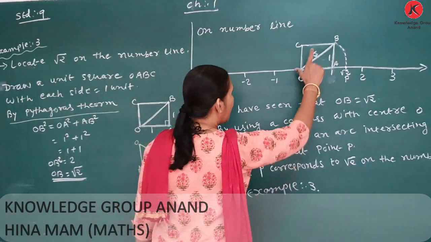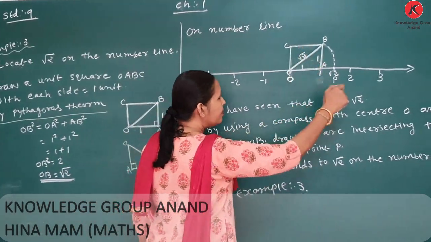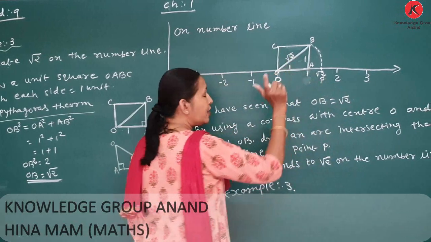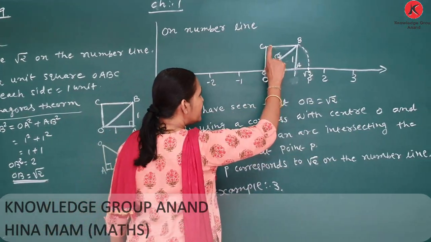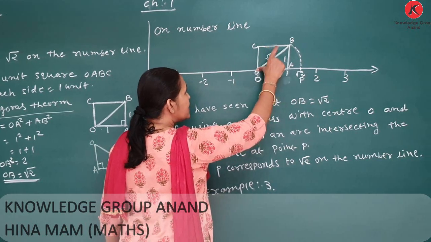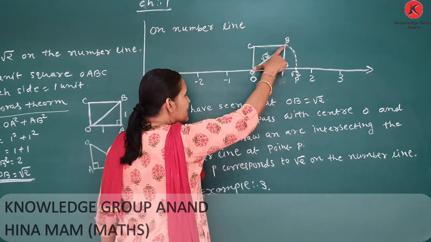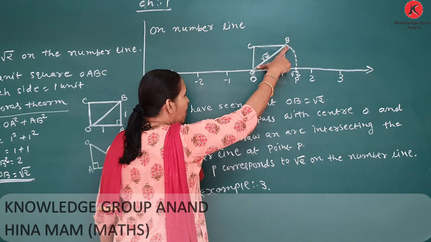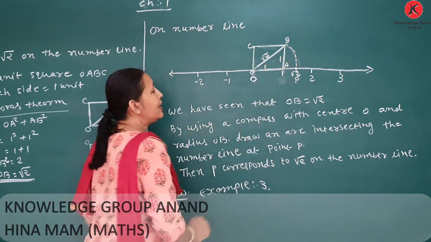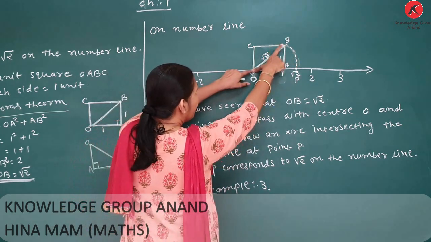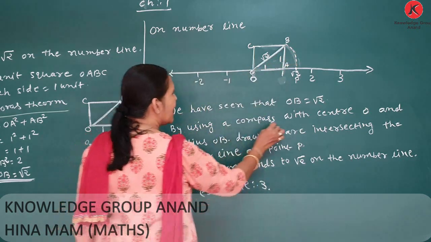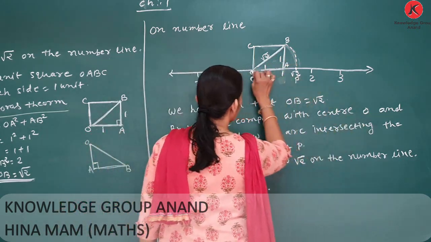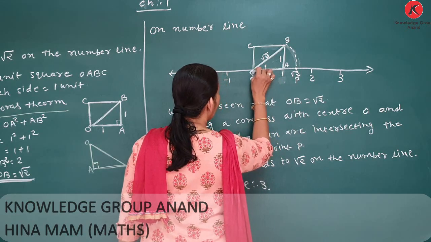Using a compass with center O, put the compass here, center O and radius OB, and draw an arc on the number line.